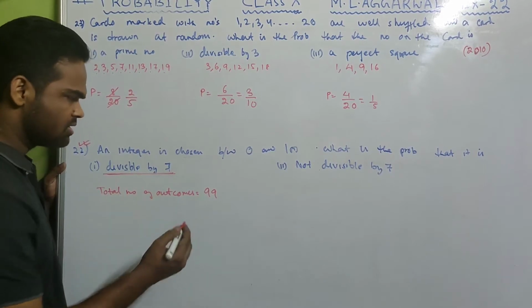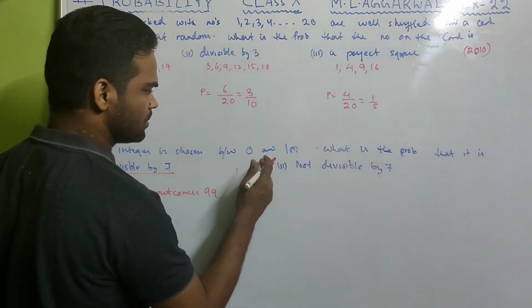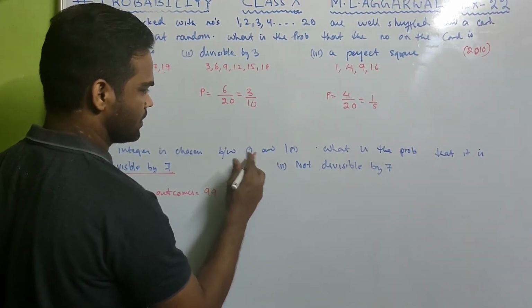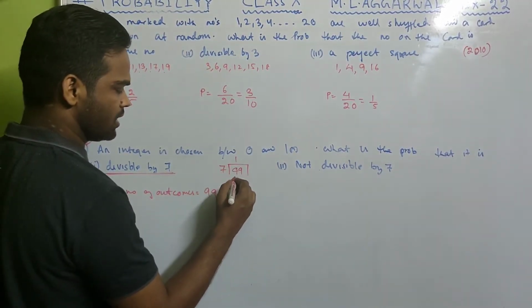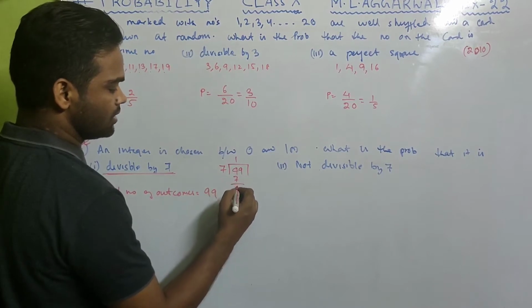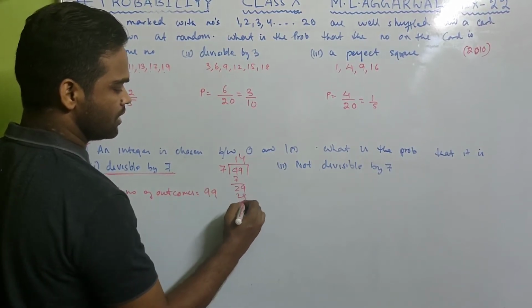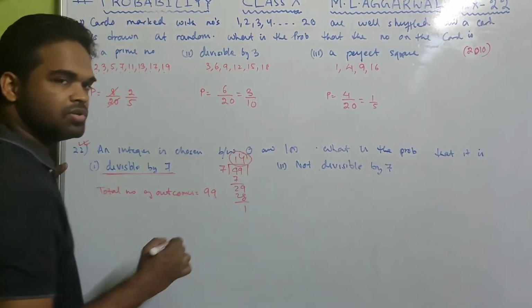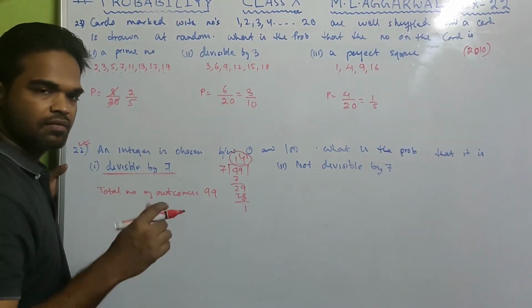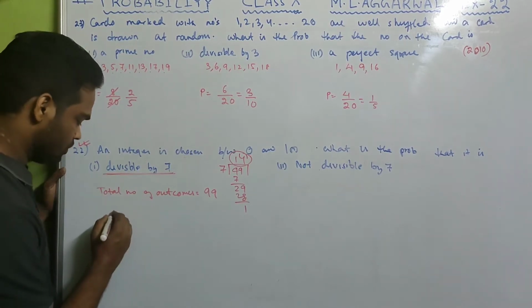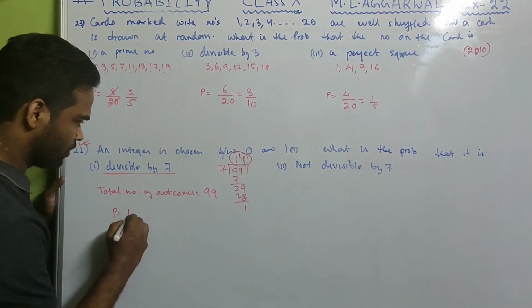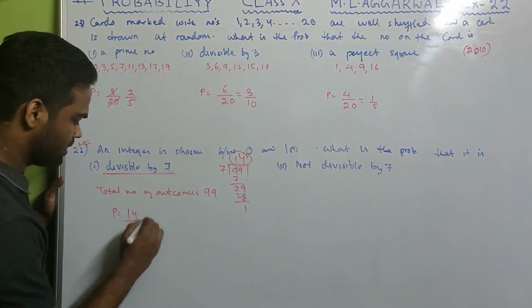So how many? Simple. Just divide the greatest number, 99, by 7. 7 ones are 7, and 4 sevens are 28, which means there will be 14 numbers which are multiples of 7. So the probability will be 14 by 99.